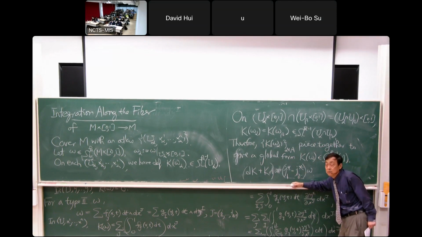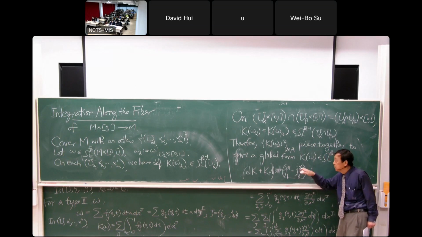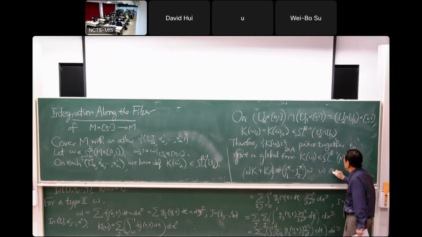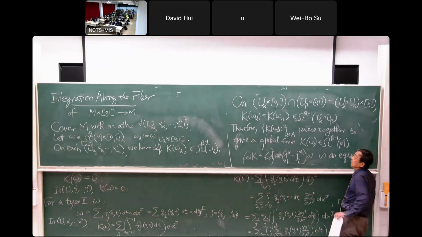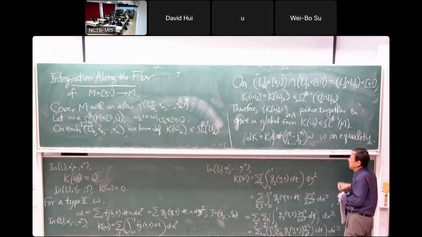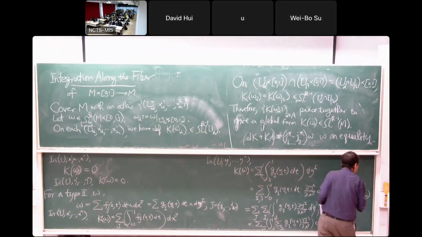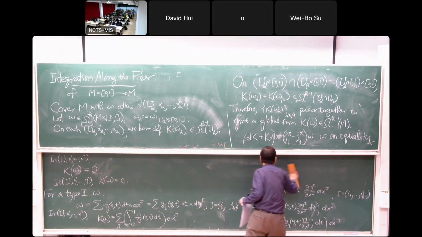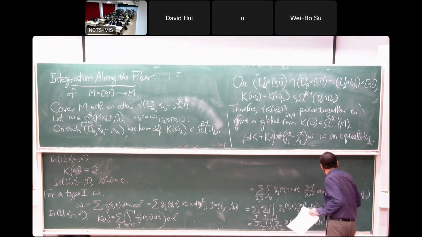And to check the two forms are equal, you only have to check the two sides locally. So this is an equality of forms, and hence can be checked locally. And we already know that it's true locally.